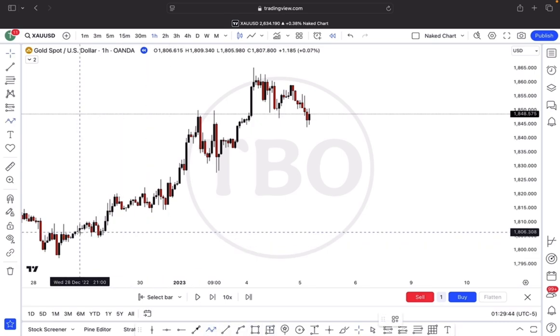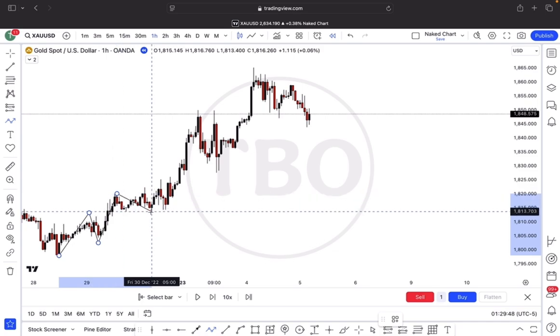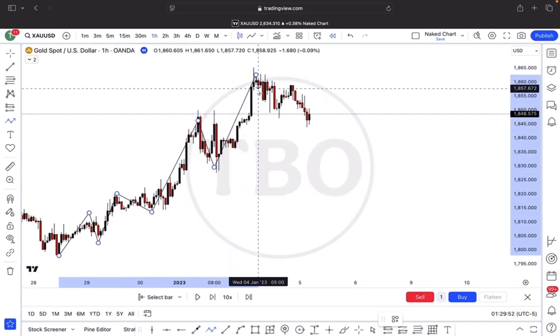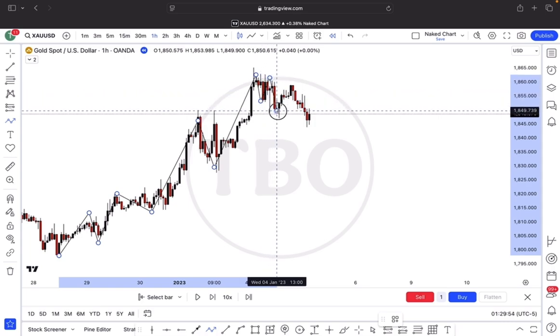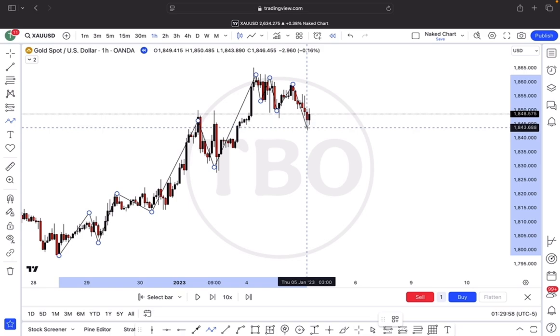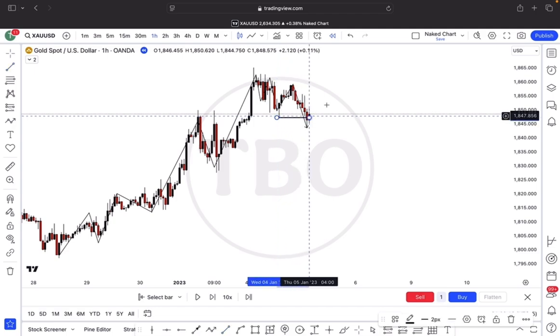So price did this, it's in an uptrend. It's creating higher highs, higher lows, whatever the case may be. And then we created some base right here. After the base, we got a drop. Not the best drop, but I see that we had a market structure shift right here.